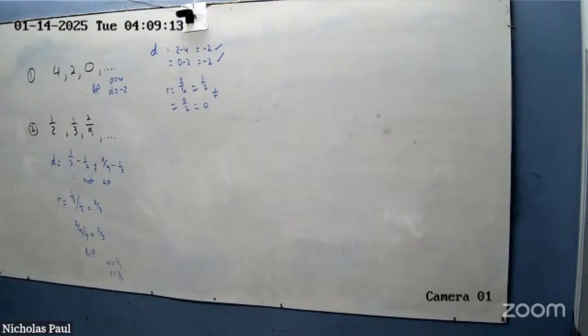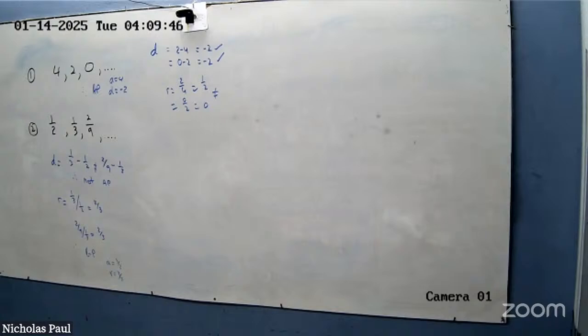If it's sure it's a GP, R is the same, so you don't have to go and work out D. I just worked it out to show you that it's not an AP. You wouldn't get the same answer.